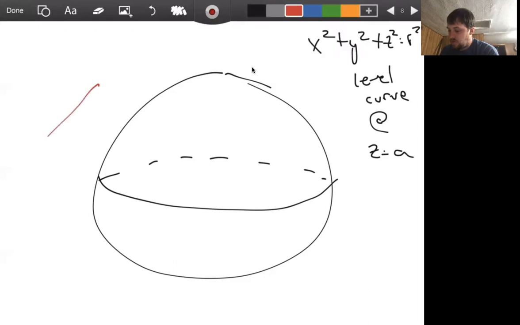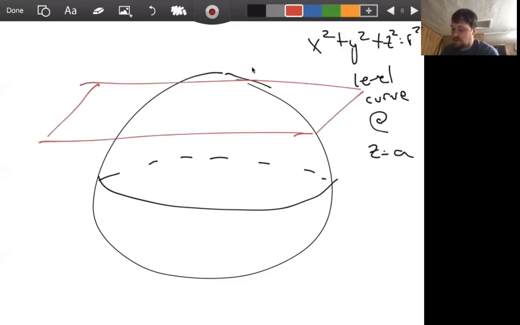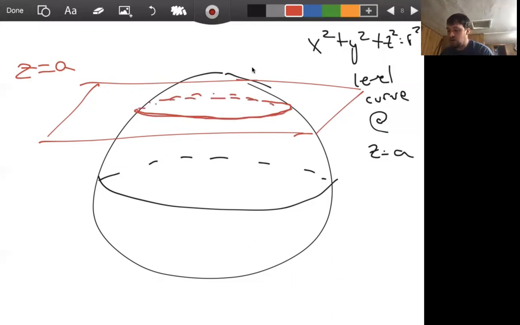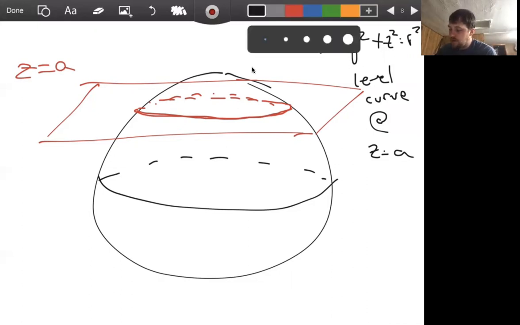So we'll pick a plane here at some height, z equals a. And we take the slice, and the level curve is this circle that's parallel to the equator, but farther north, right? And so what we're looking at is the most rapid increase of the function.